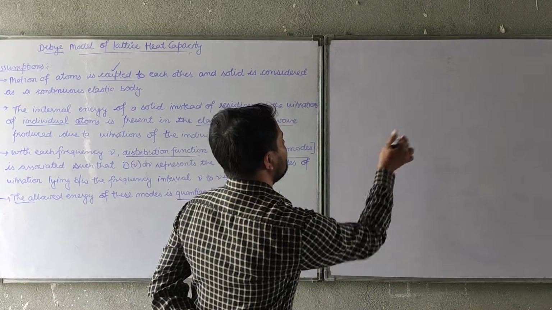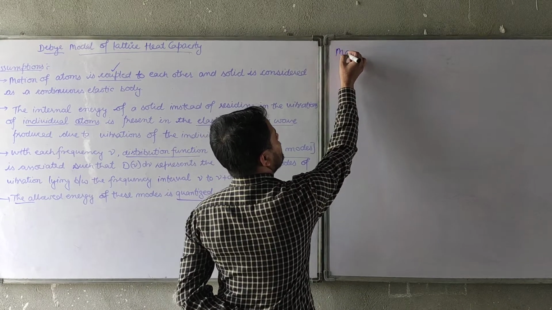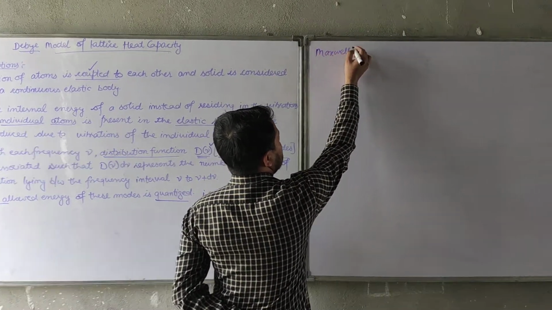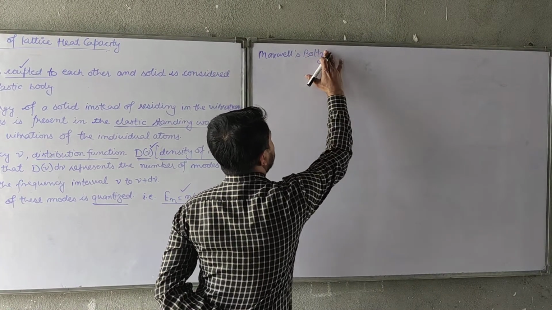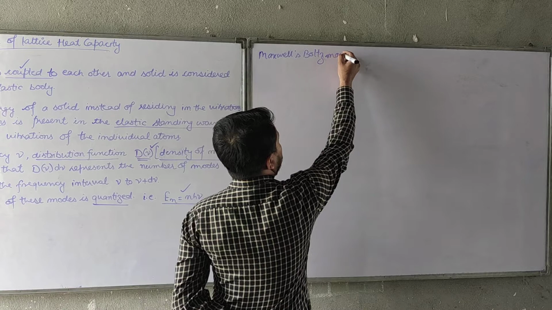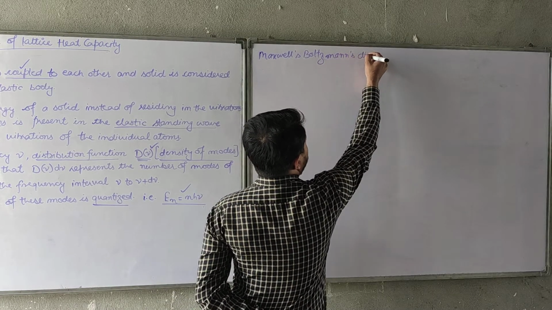By smaller, we will start from the Maxwell-Boltzmann distribution law.